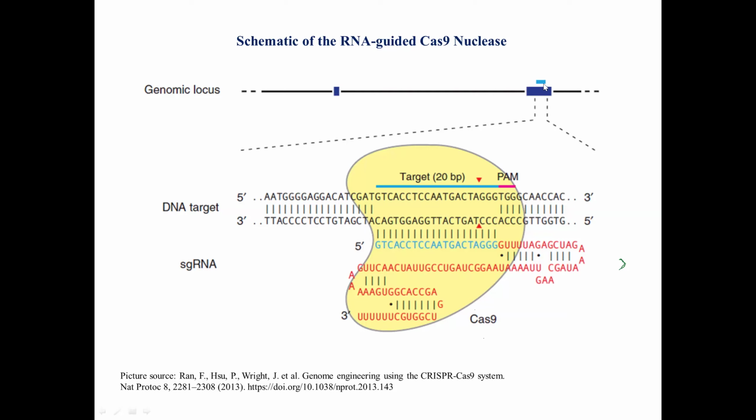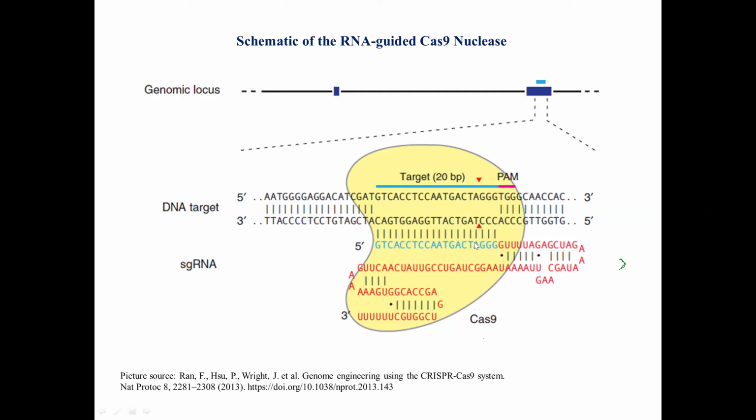After selecting that sequence, it will be grafted into your guide RNA. So the 20 base pair stretch, the spacer sequence in your guide RNA, is decided by the target sequence. That sequence is taken and you are basically programming the RNA.